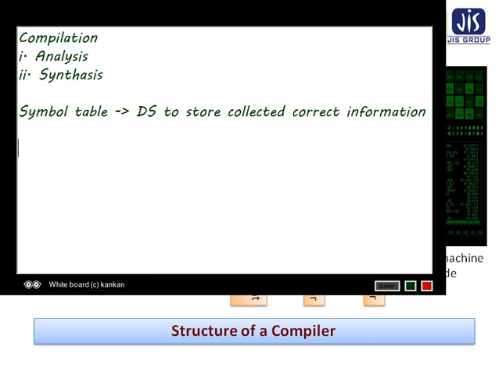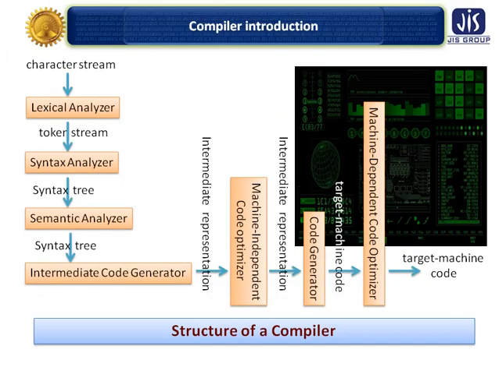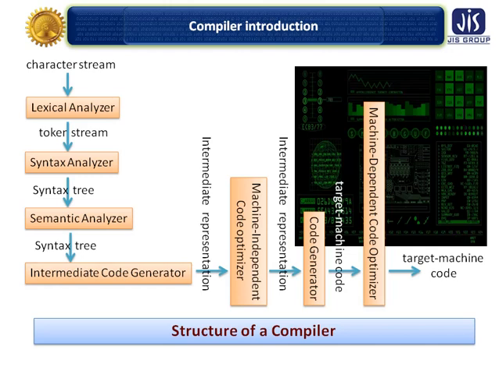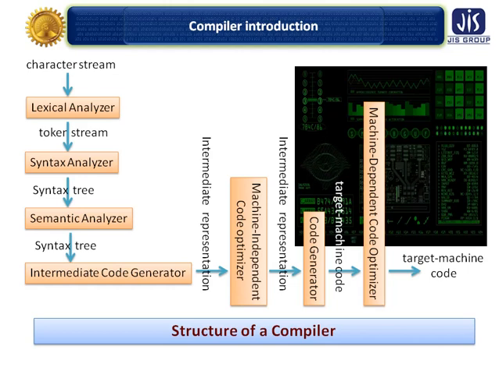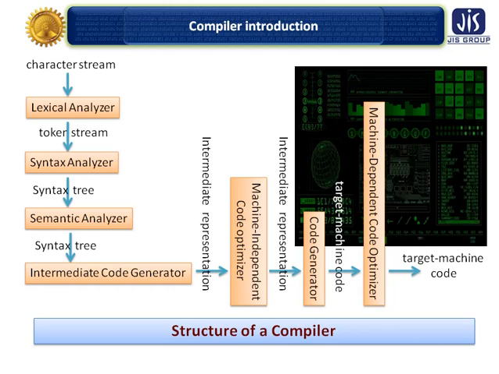The synthesis part constructs the desired target program. What does the synthesis part do? It constructs the desired target program from the intermediate representation and the information in the symbol table.